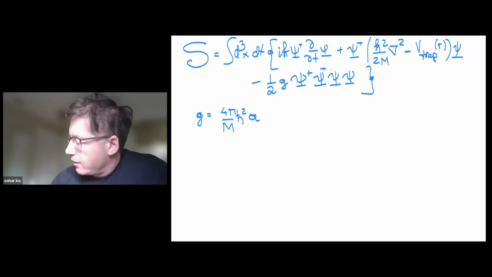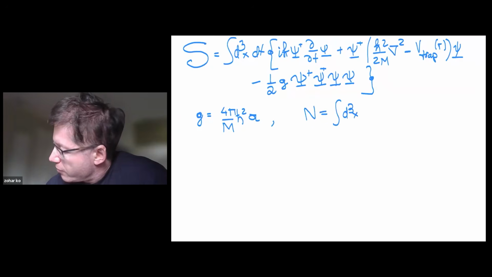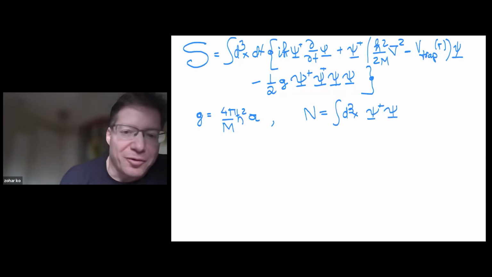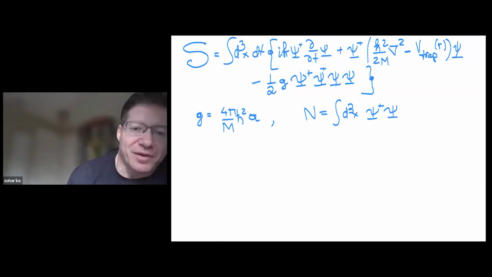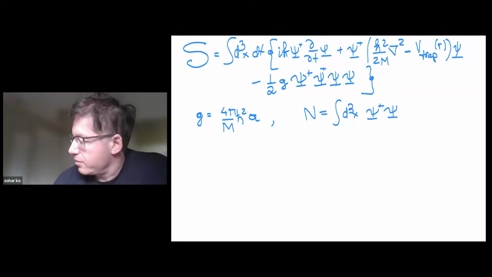But of course, in quantum mechanics, we also have a conserved particle number, which comes from integrating the field operator over space. So an irrelevant operator doesn't strictly go to zero because psi cannot go to zero. We have a fixed particle number. Okay, so this is the setup.